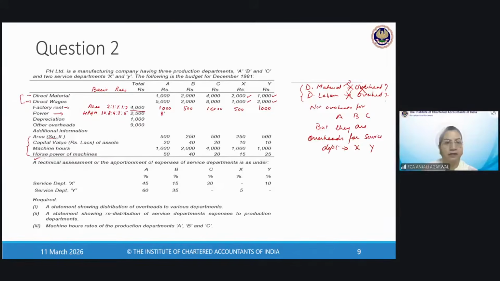So 833. 666.66. So I'll call it 667. 333. 250. 416.